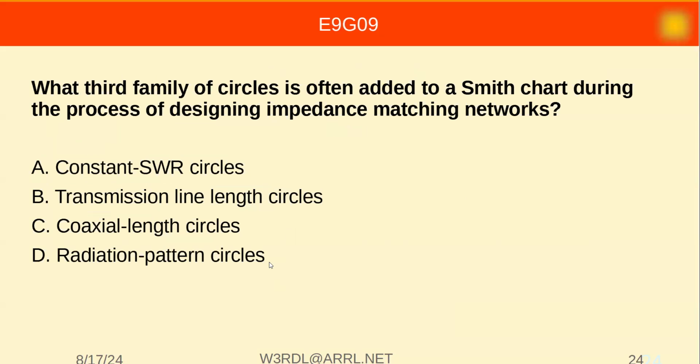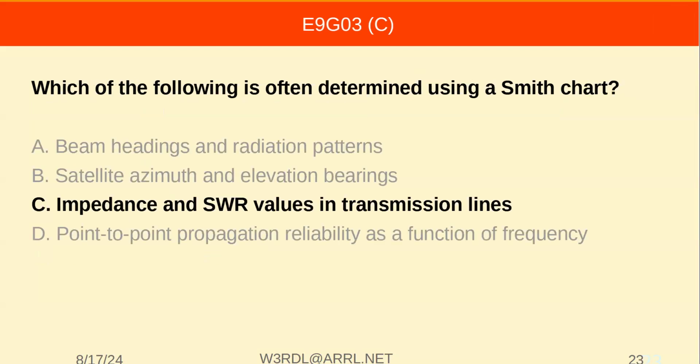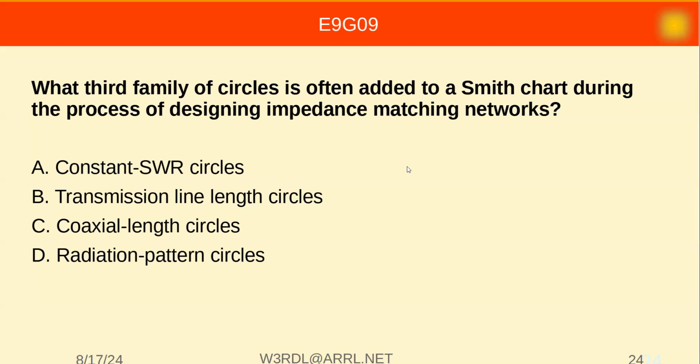What third family of circles is often added to a Smith chart during the process of designing impedance matching networks? Whoops, I double clicked. What's the answer to this one? Did I back up? You did back up. Yeah.